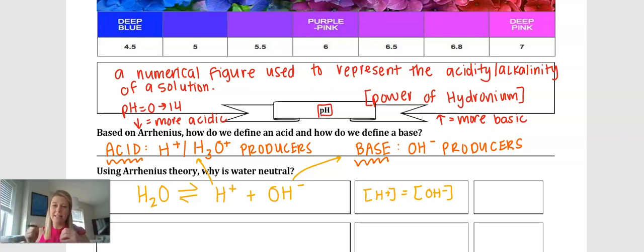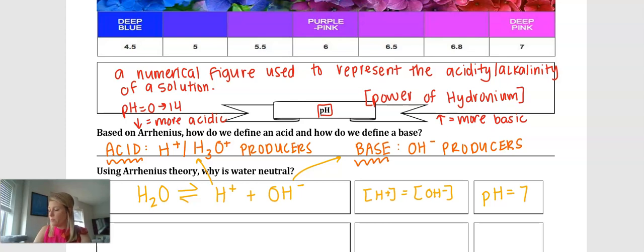Remember, those hard brackets represent concentration. When we have those equal amounts, they balance each other out. Our pH is equal to 7, okay? So it's very simple to see why water would be neutral.